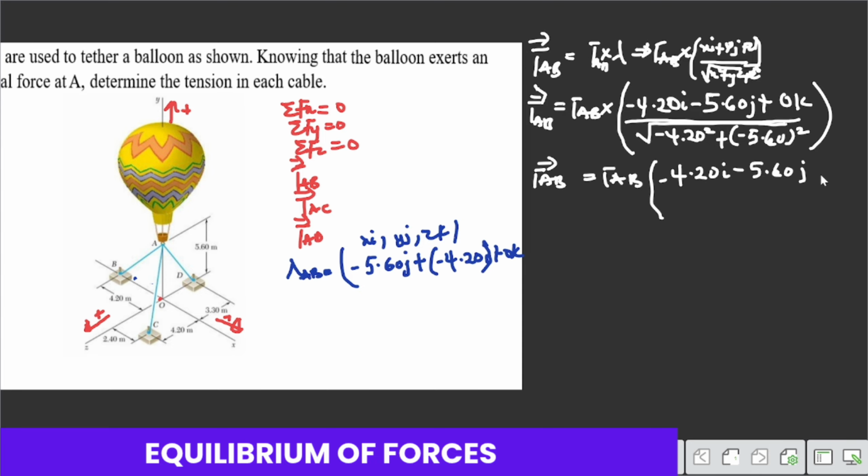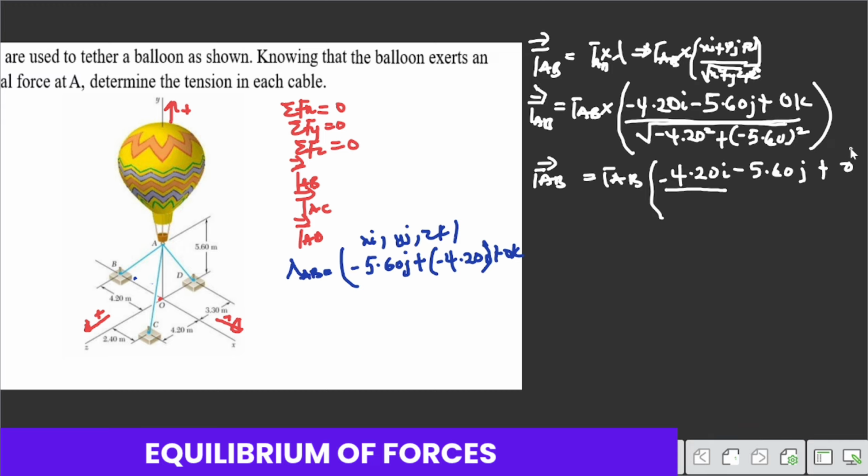That is all, so plus 0. So you can divide the whole of this by the square root of negative 4.20 plus the negative 5.60, all squared.